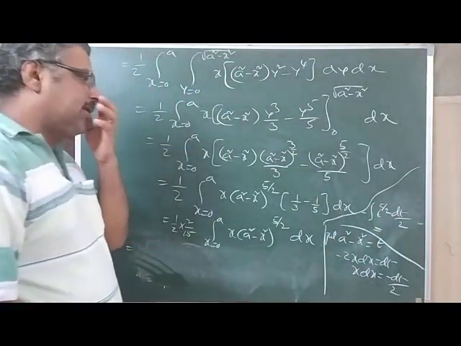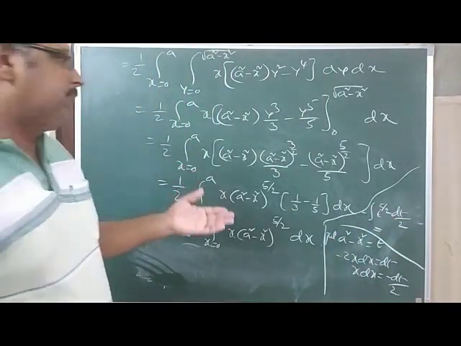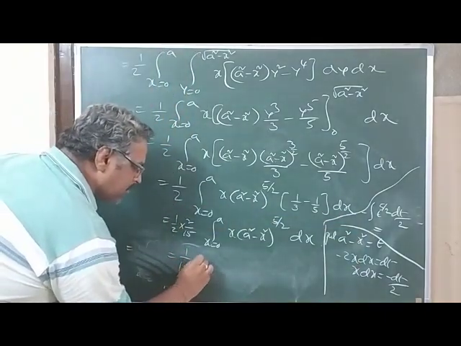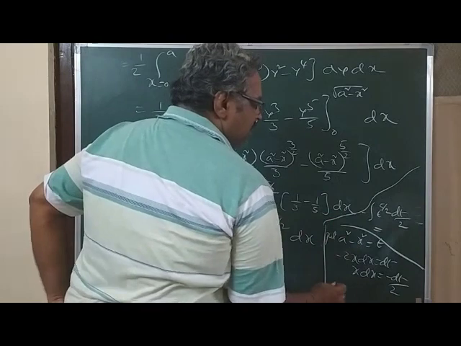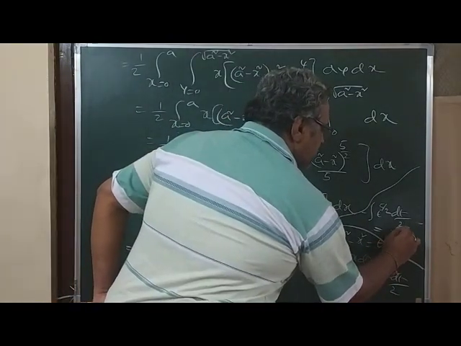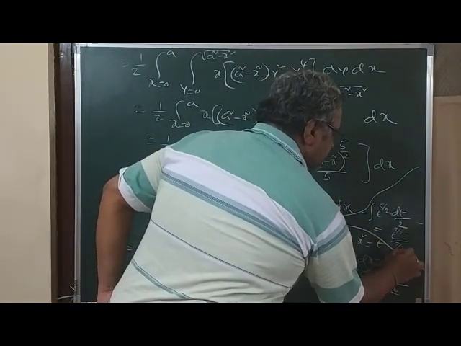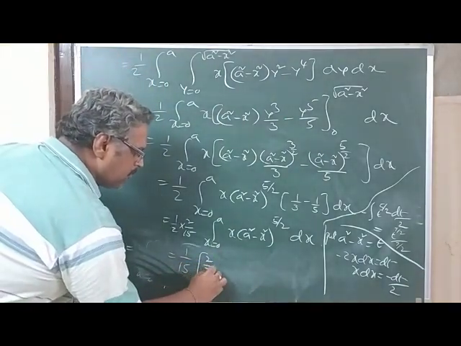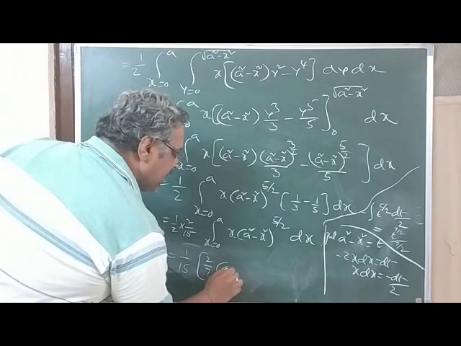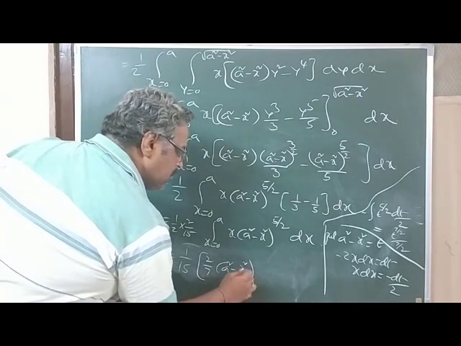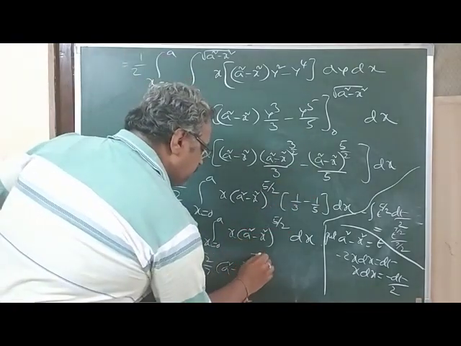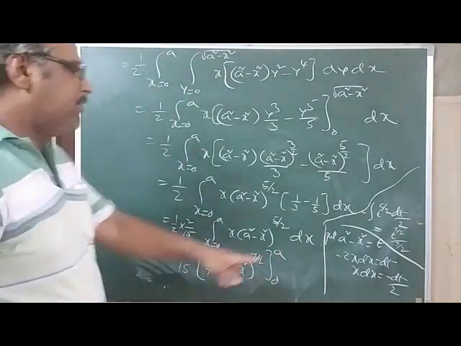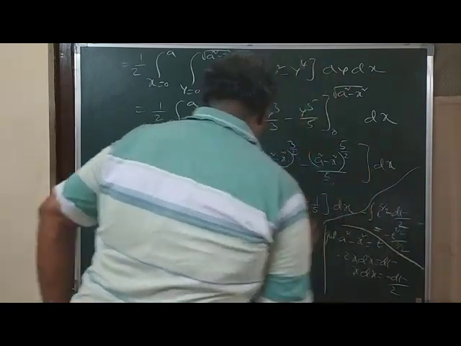Now t power 5 by 2 integral value is t power 5 by 2 plus 1, by 5 by 2 plus 1, that is 1 by 15 times of t. Integral value is t power 7 by 2 by 7 by 2, that is 2 by 7 times of t. a square minus x square whole power 7 by 2, limit 0 to a, with negative sign.